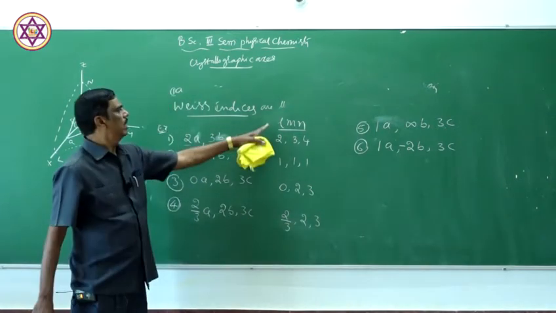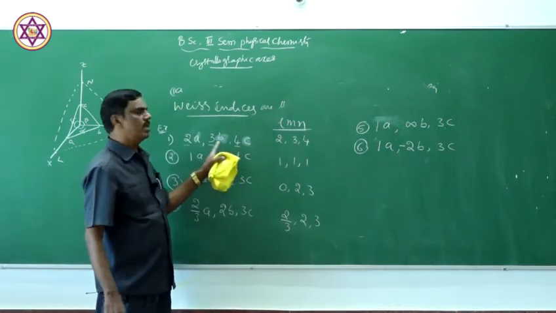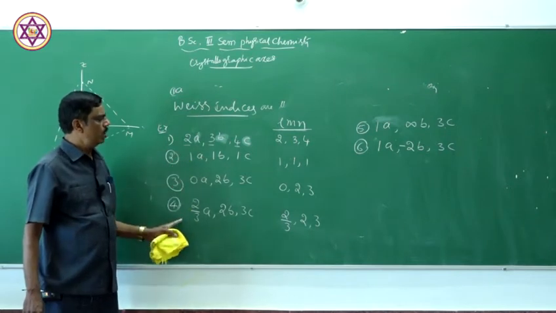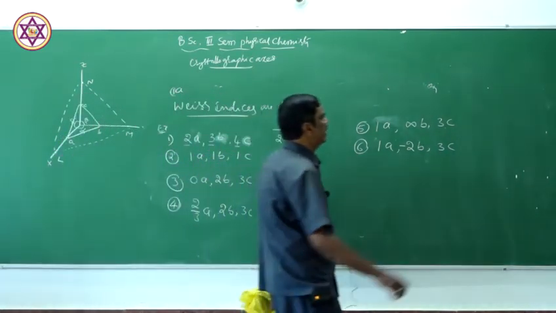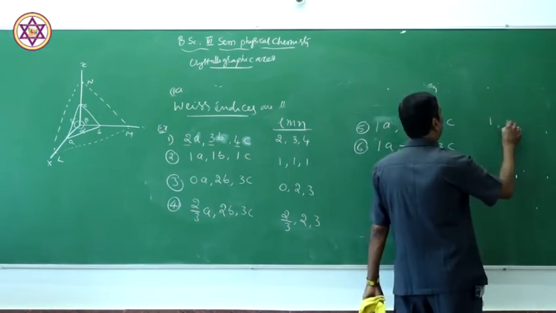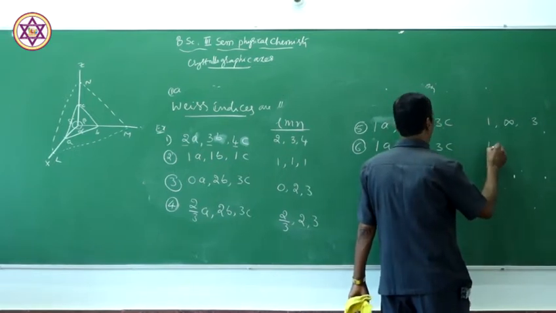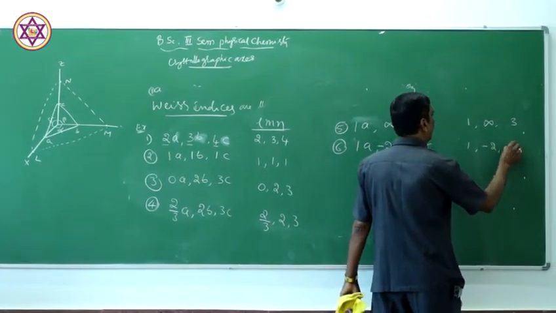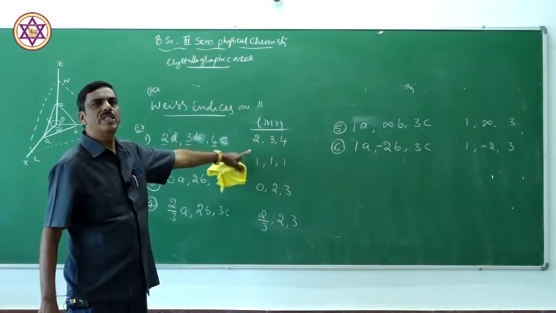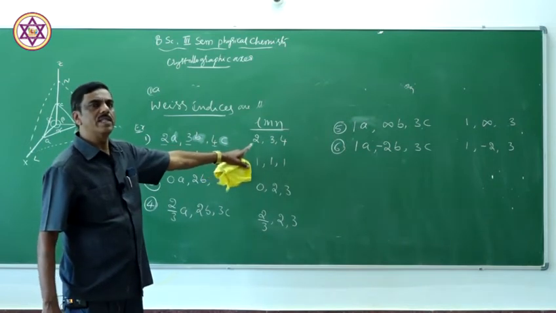So, these are the Weiss indices. In the other cases, they are 1, infinity, 3, and minus 2, 3. Like this, Weiss indices are the coefficients of intercepts in x, y and z direction.